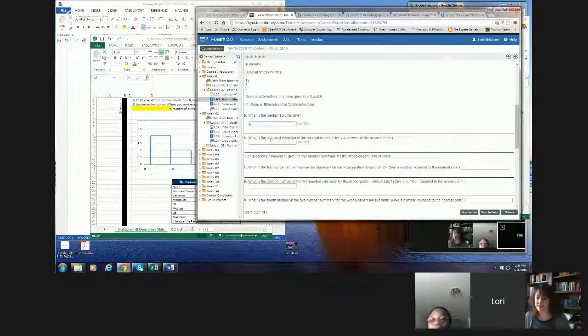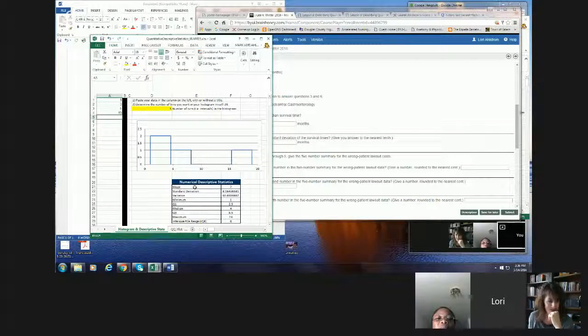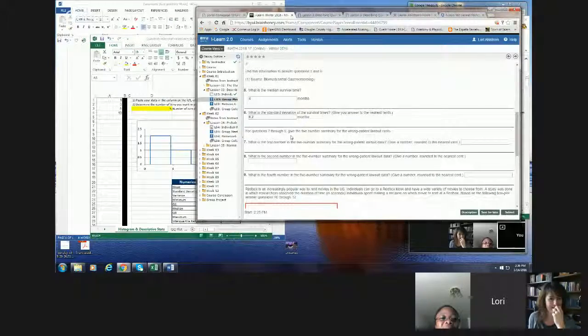So our standard deviation is 8.2. Everybody see where I came up with that? I love the screen share. It makes it easier because people can see what you're doing.